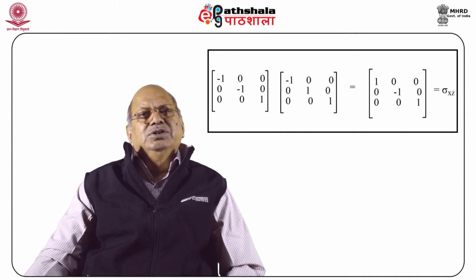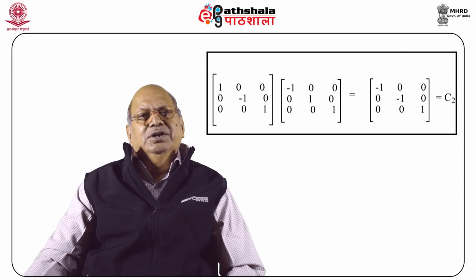Now let us take C2 into sigma yz, and the result is sigma xz. So I take the matrices corresponding to C2 and sigma yz and multiply them together. I get 1 0 0, 0 minus 1 0, 0 0 1, which is nothing but the matrix corresponding to sigma xz. Let us take another product, sigma xz into sigma yz.